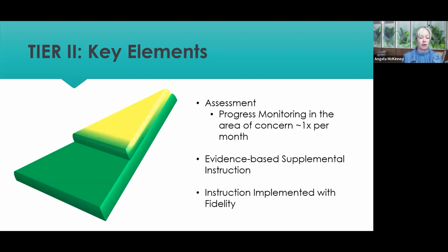Simple as possible, right? At least monthly. Sometimes you want more data than that, but at minimum, we would recommend that you're collecting data at least monthly.